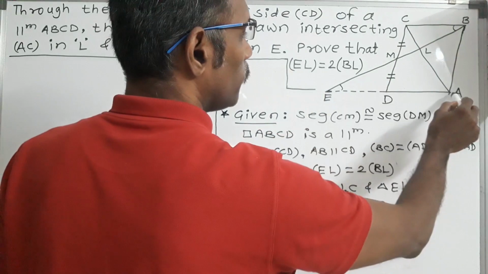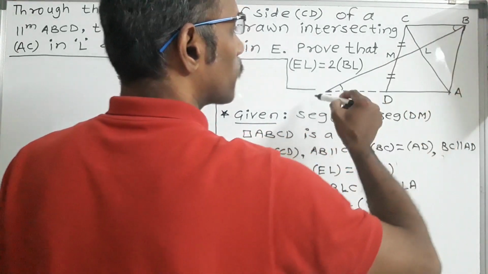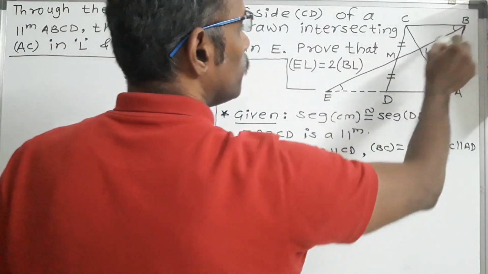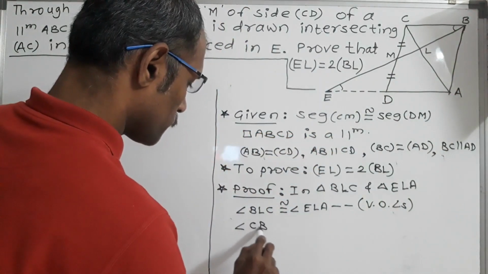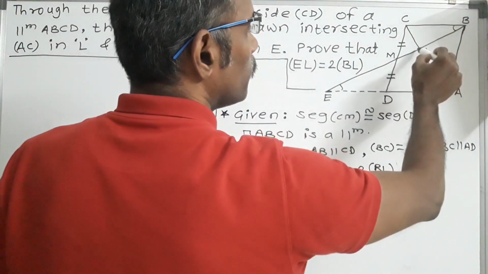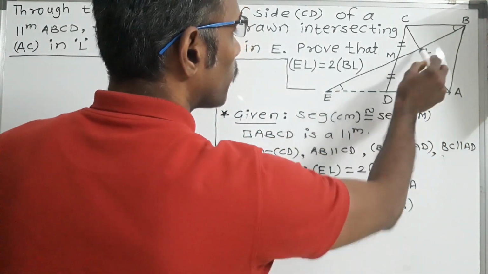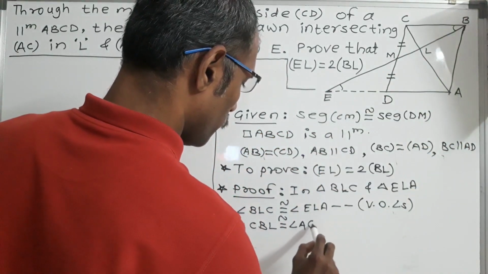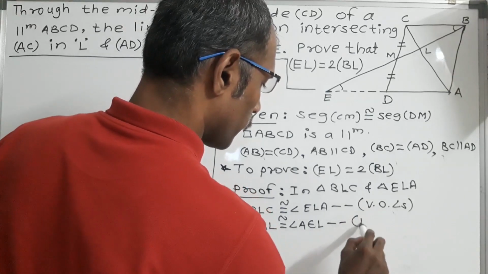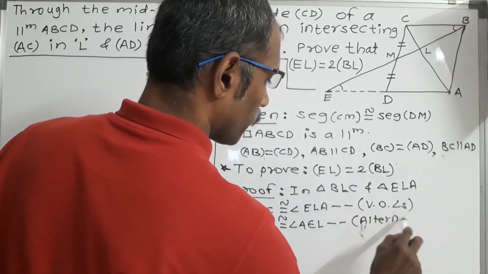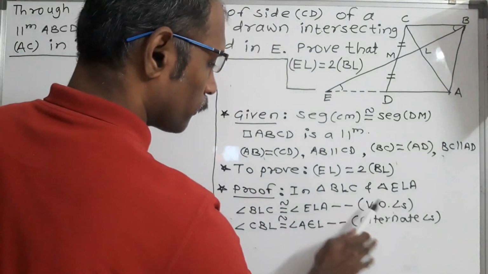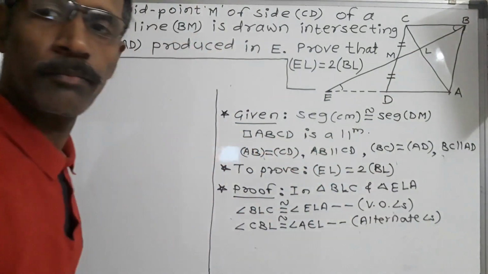Angle CBL is congruent to angle AEL. These are alternate angles. Alternate angles are congruent if these two sides are parallel.